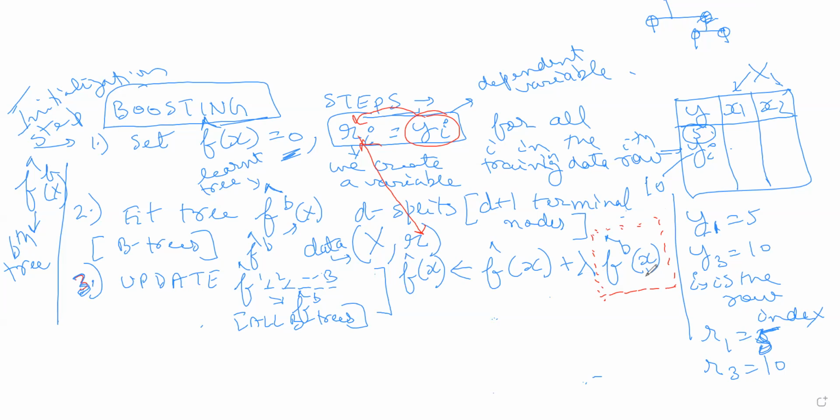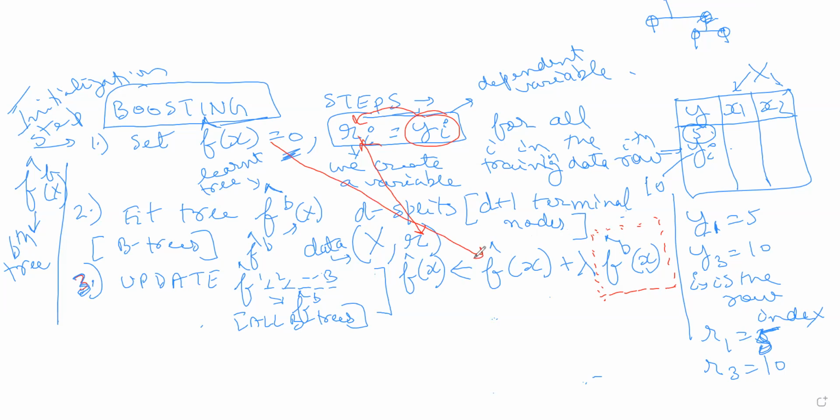I am saying don't take the whole decision tree. Take a part of this decision tree. That means multiply it by a number which is less than 1. Lambda is less than 1. So take a part of this decision tree and add it to the original value of f x. What was the original value of f x?